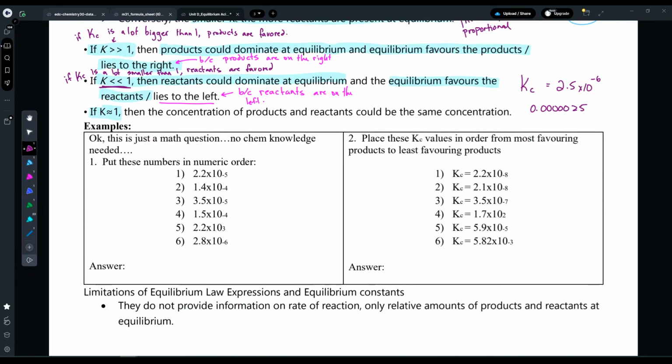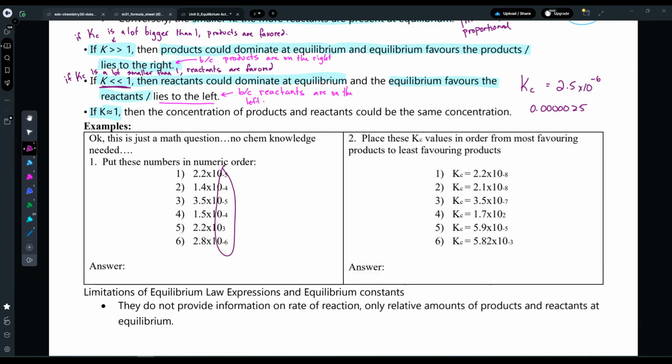Talking about equilibrium constant numbers, we do need to refamiliarize ourselves with scientific notation and understanding which numbers are bigger and which are smaller. Typically, your small numbers are going to have a negative exponent.